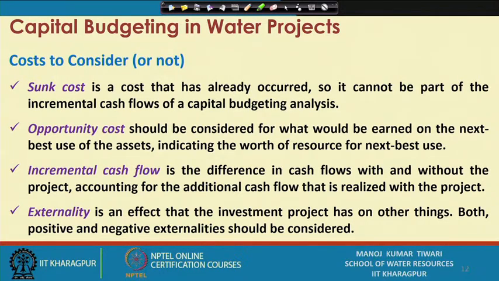Then comes the externality, which is an effect that the investment project has on other things. So, these external things could be within the project area or outside the project area, but it is not generally in terms of finance or cash flows only.